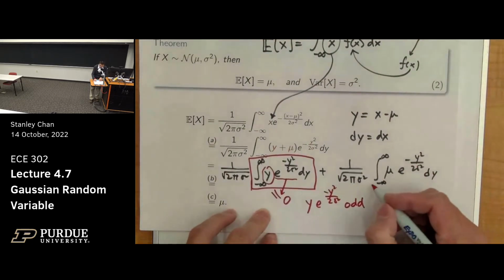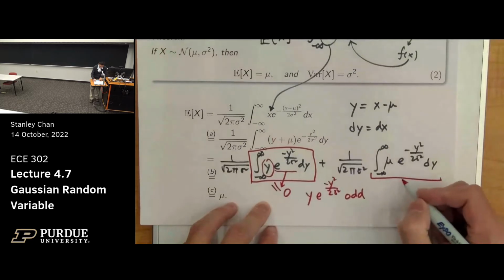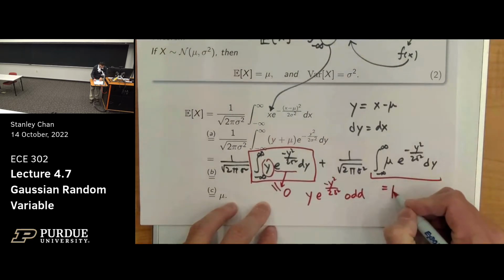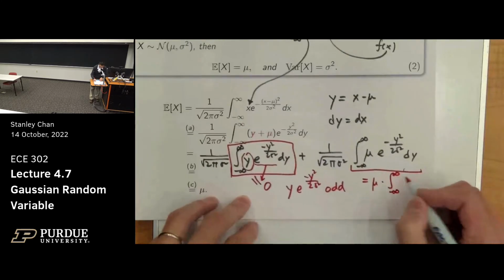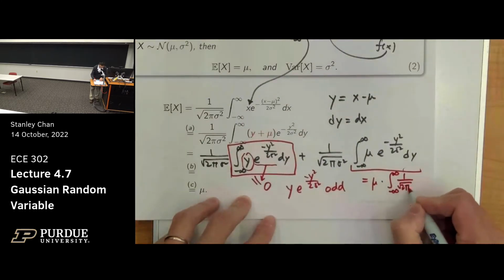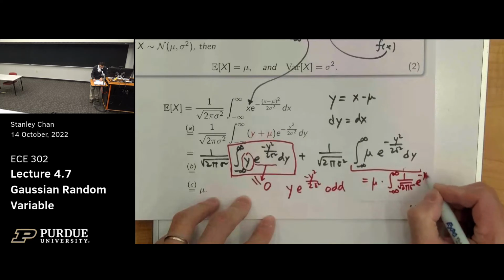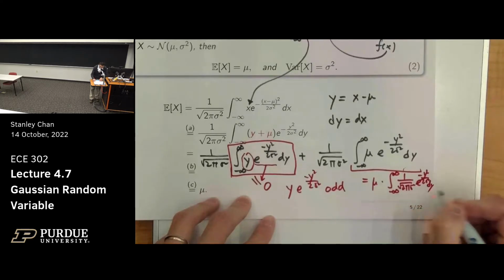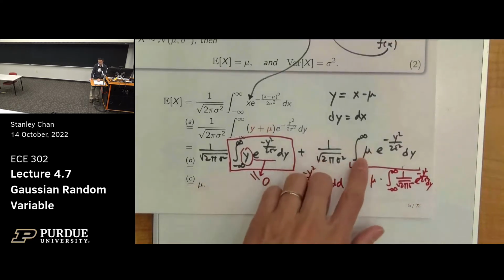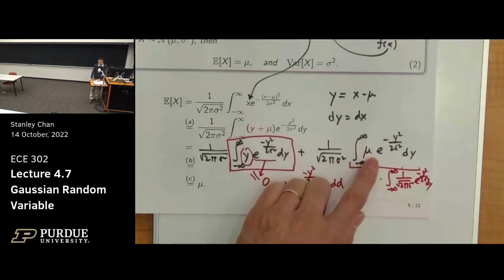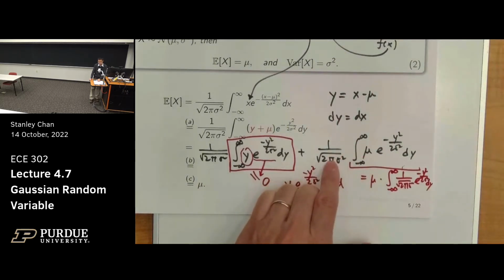And how about this guy? This guy is just the same as mu times the integration from minus infinity to infinity of 1 over root 2 pi sigma squared e to the minus y squared divided by 2 sigma squared dy. So I'm just switching the position of this mu and this constant 1 over root 2 pi sigma squared.